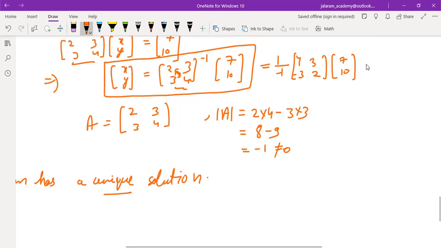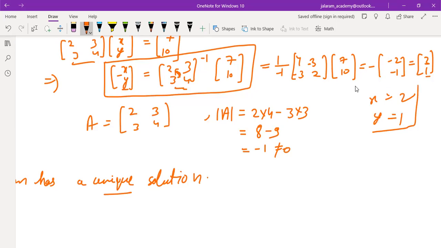So check whether it gives a unique solution or more than one. 4 sevens are 28 minus 30 is minus 2, and minus 21 plus 20 is minus 1. So the result is [2; 1]. So x equals 2 and y equals 1. So it has a unique solution only, hence proved.